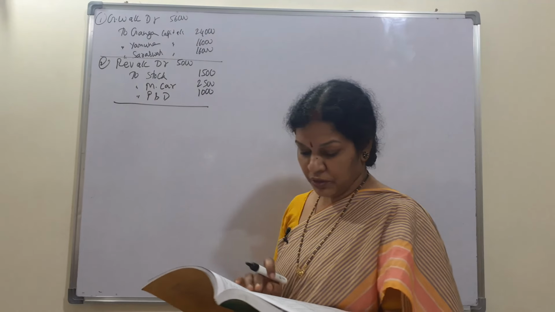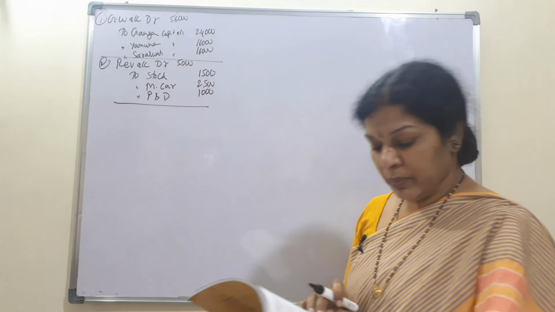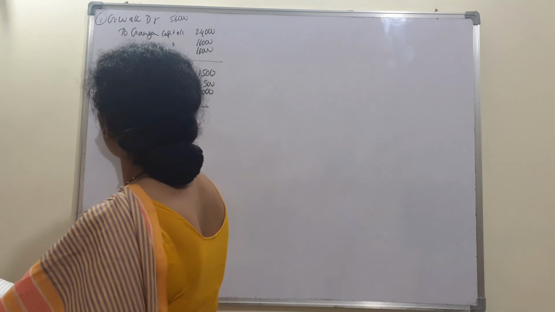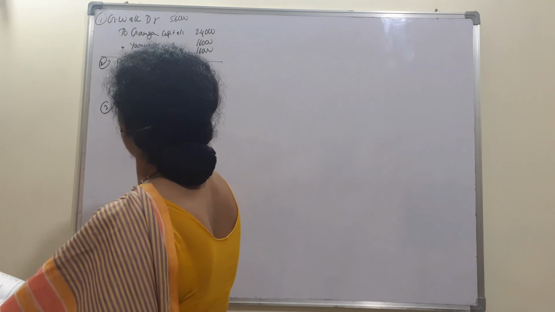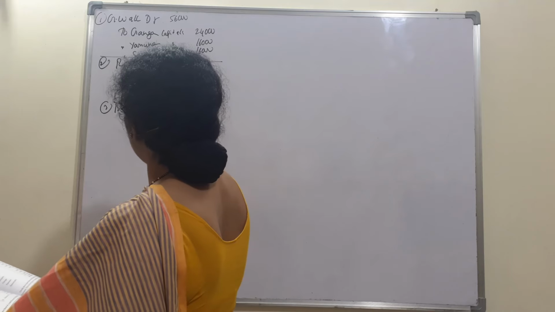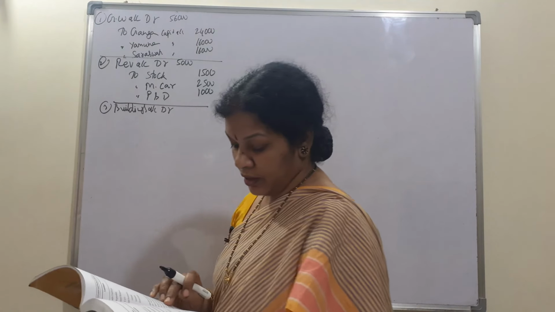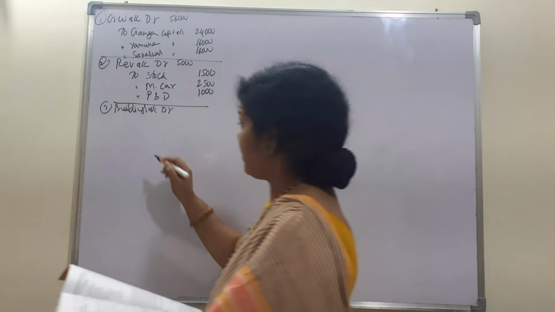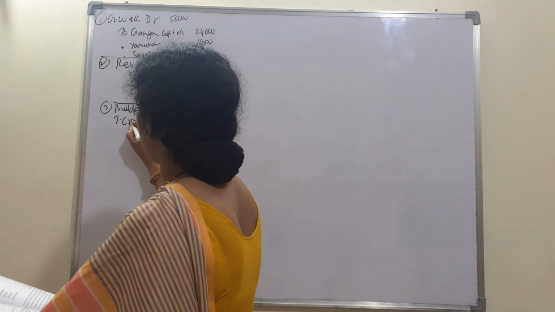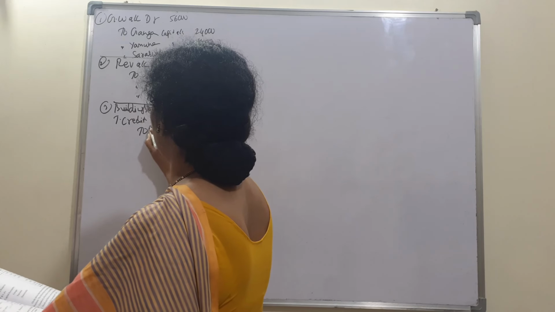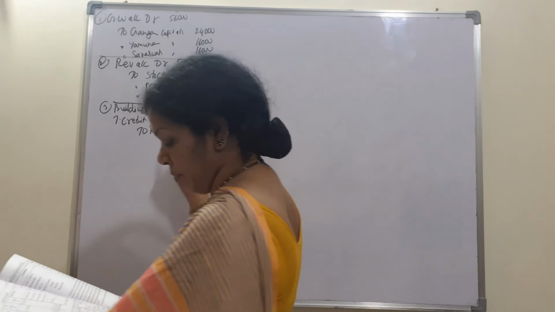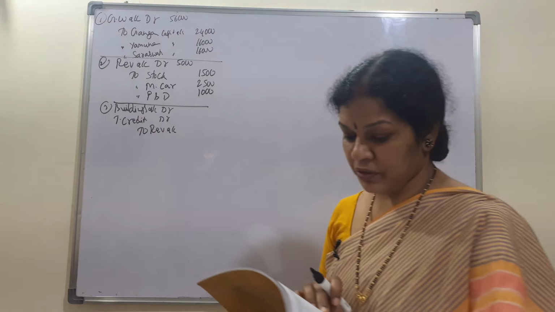And revaluation account debit side, building. Building account debit, next trade creditors account. Trade creditors debit to revaluation account. Buildings are to be appreciated by 15%.